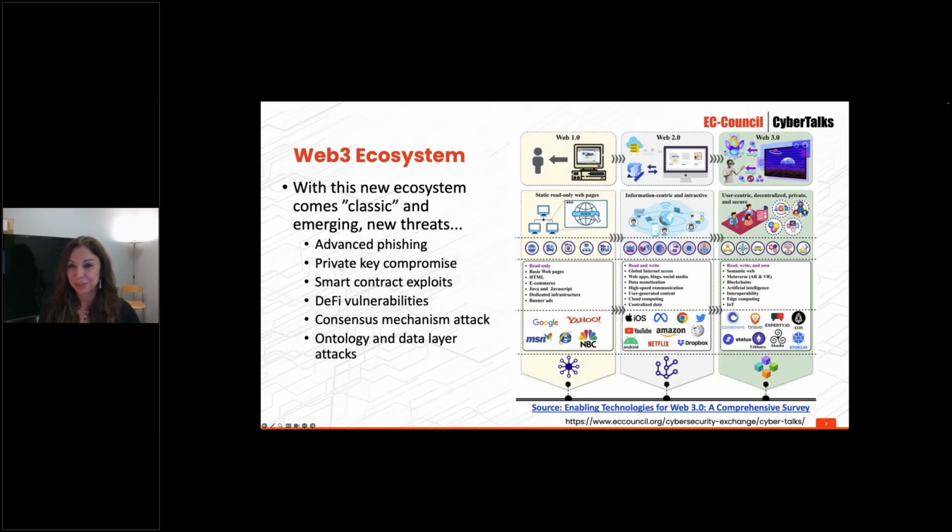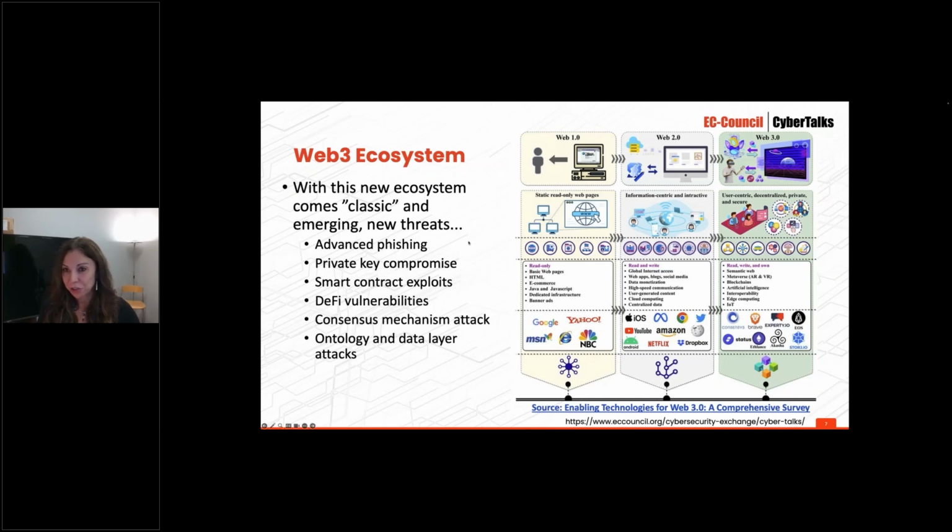So with the acceleration of AI-generated content, many cybersecurity professionals have become aware of the threats that advanced phishing has. Also, private key compromise.